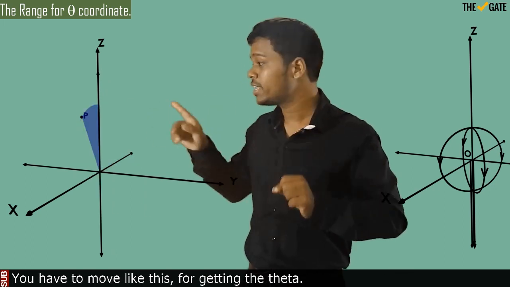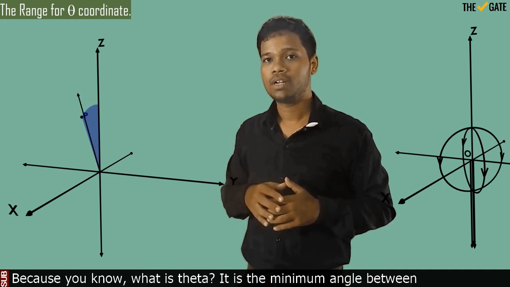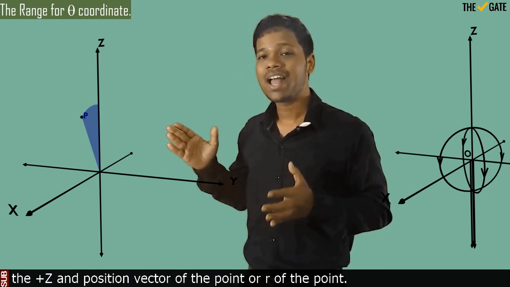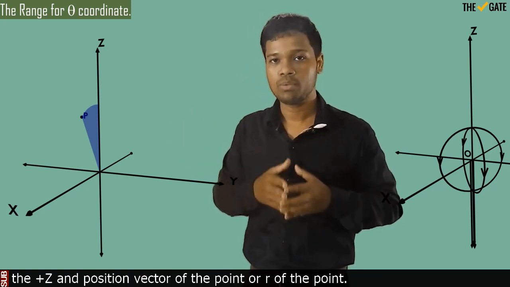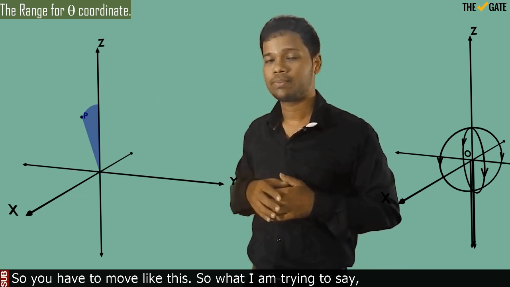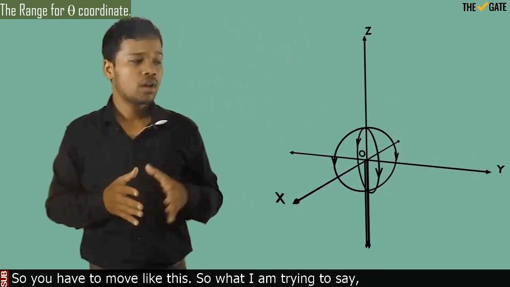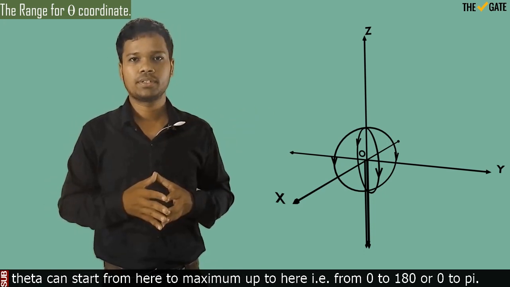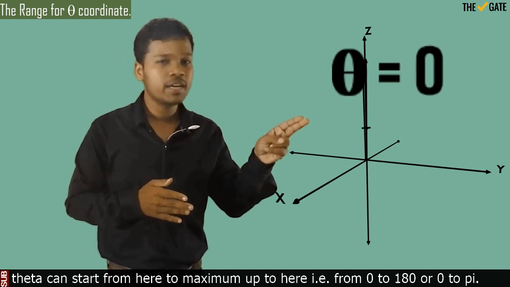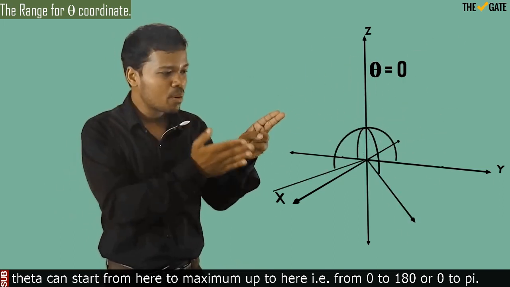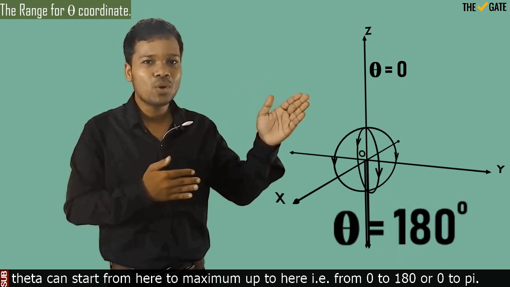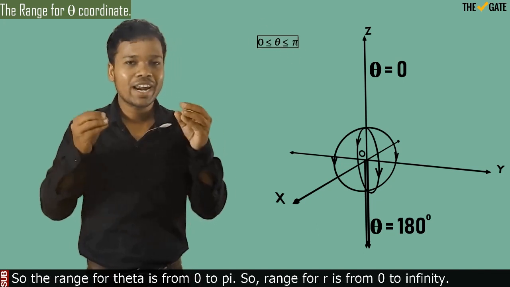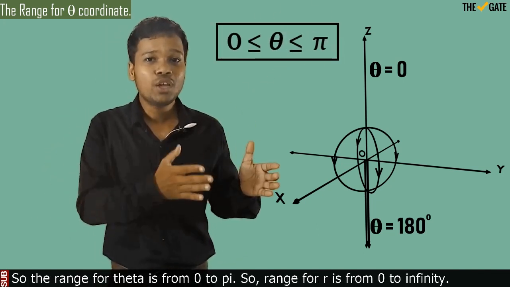You have to move like this for getting theta. Because what is theta? It is the minimum angle between the plus z and the position vector of the point, or r of the point. So you have to move like this. So what I am trying to say, you can clearly see from the figure, whichever be the octant of the point, theta can start from here to maximum up to here. That means from 0 to 180 or 0 to pi. So the range for theta is from 0 to pi.